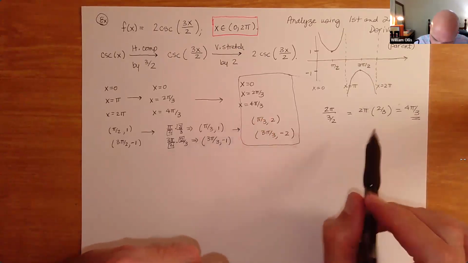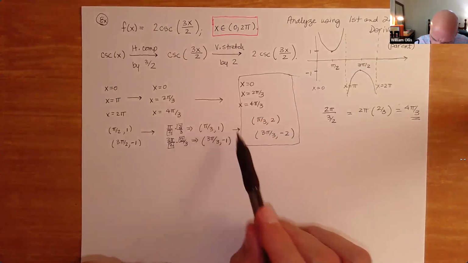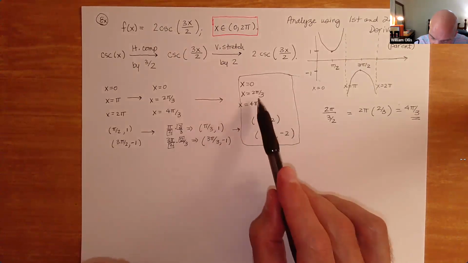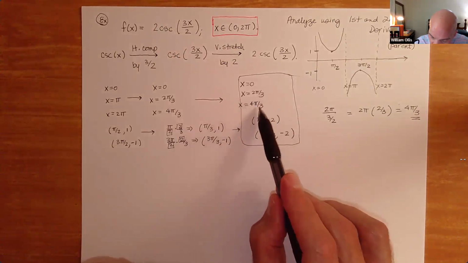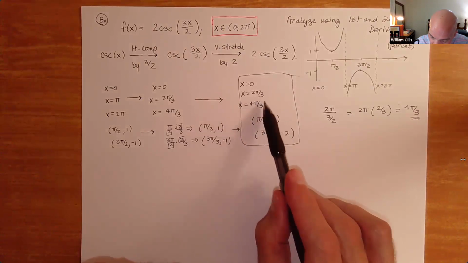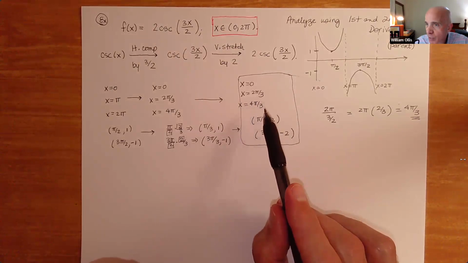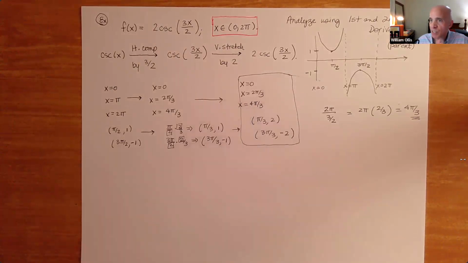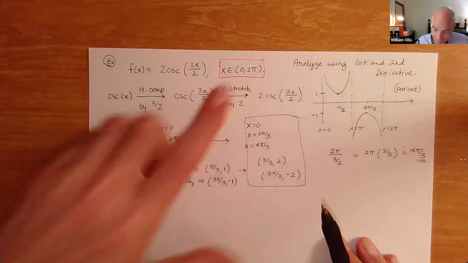So notice here, and this is what's going to exhaust everything. So we've got the next vertical asymptote will just be the 4 pi over 3 plus the 2 pi over 3, which gives us the 6 pi over 3, which is the 2 pi. So that will extend to the next vertical asymptote, so we can actually complete the graph in this given interval.